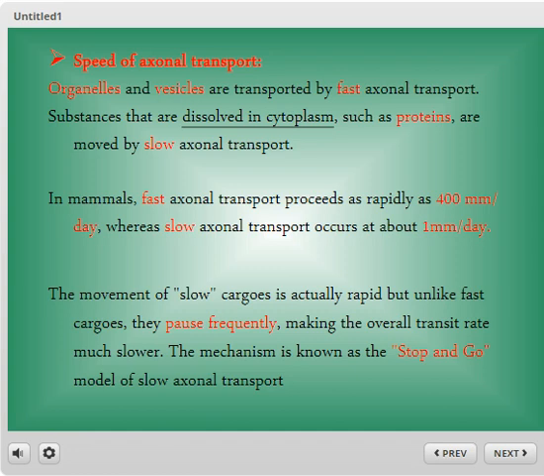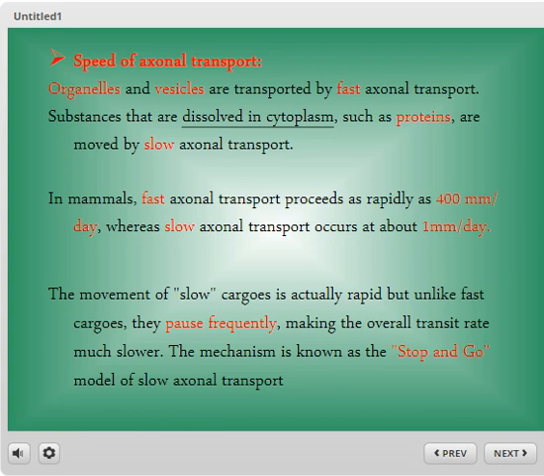The speed of axonal transport is different. Organelles and vesicles are transported by fast axonal transport, and substances that are dissolved in cytoplasm, for example, protein, are moved by slow axonal transport. In a mammalian, fast axonal transport proceeds as rapidly as 400 mm per day, whereas slow axonal transport occurs at about 1 mm per day.